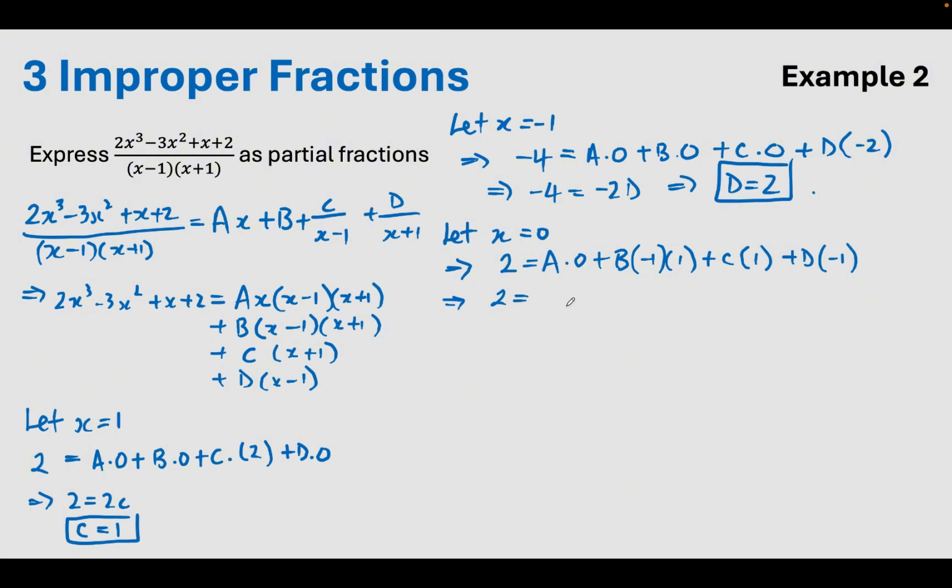So 2 equals minus b, and I know the value of c and d, so I can put those straight in now. I get plus 1 minus 2. So if I take this to the side, I've got 3 equals minus b, which tells me b is negative 3.